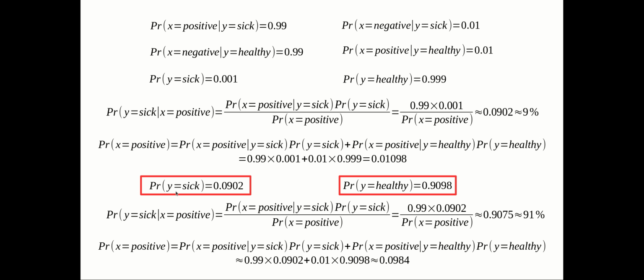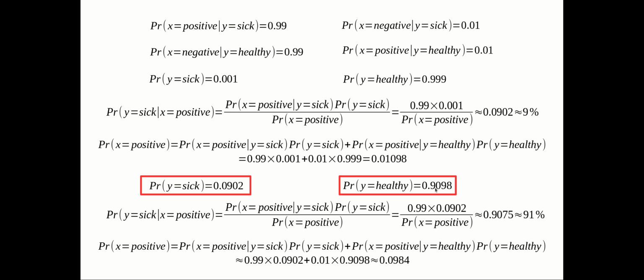So the prior probability that you are actually sick should be replaced to 0.0902, and then the corresponding probability that you are actually healthy, the alternative hypothesis, is 1 subtract this number, that's 0.9098.